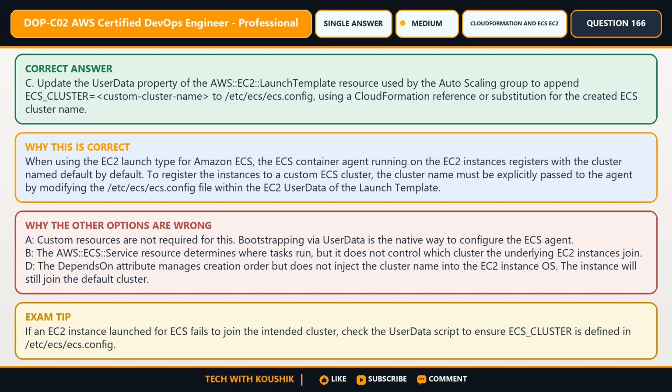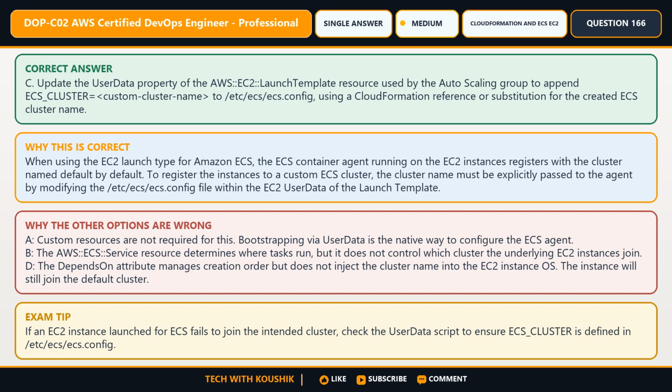The main reason is when using the EC2 launch type for Amazon ECS, the ECS container agent running on the EC2 instances registers with the cluster named default by default. To register the instances to a custom ECS cluster, the cluster name must be explicitly passed to the agent by modifying the /etc/ecs/ecs.config file within the EC2 user data of the launch template.